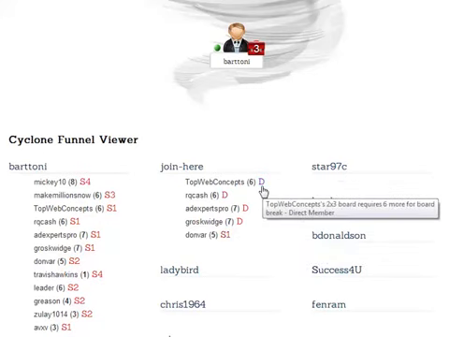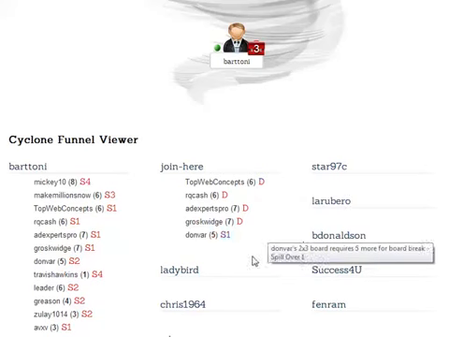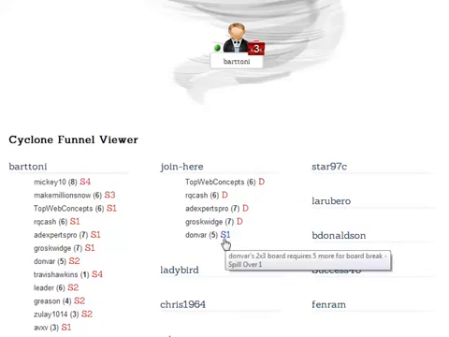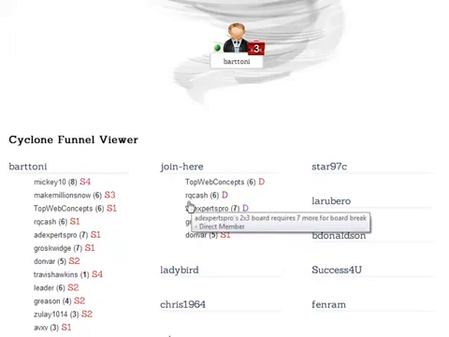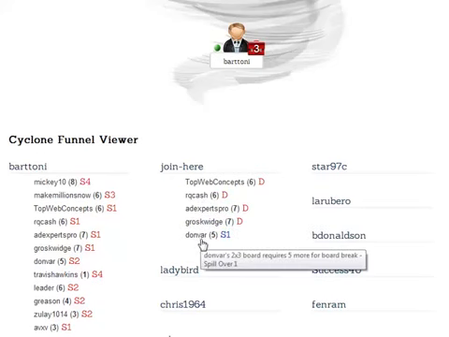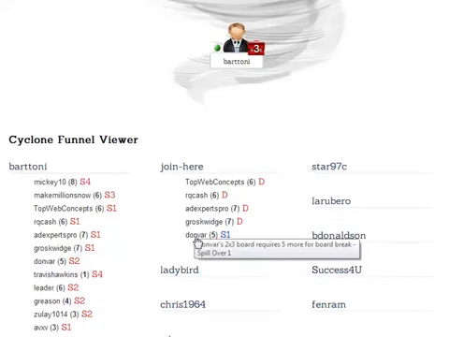The D signifies that they are a direct person, somebody that I have sponsored personally. The S means that they're what's classed as a spillover person, and that's 1 level down. So Donovar could have been recruited by RQ Cash, for example. That's not a direct to me, but is direct to somebody that I have sponsored.